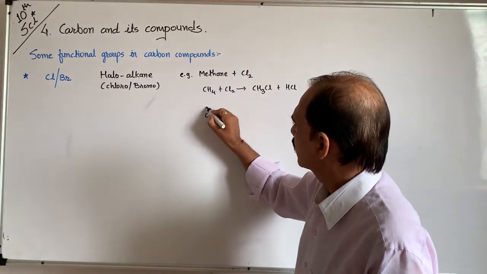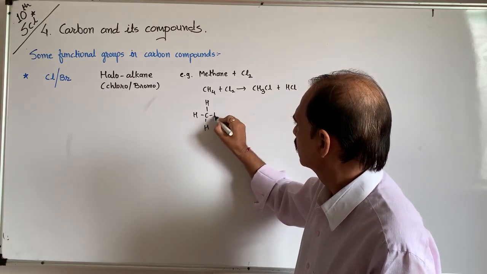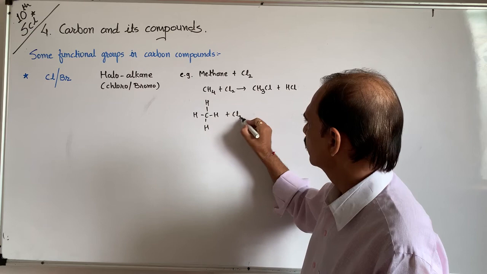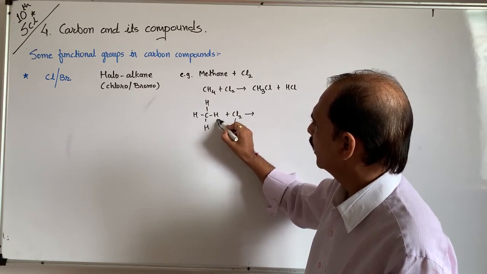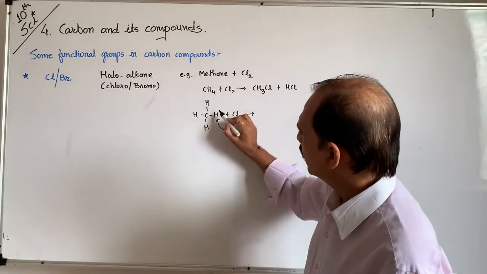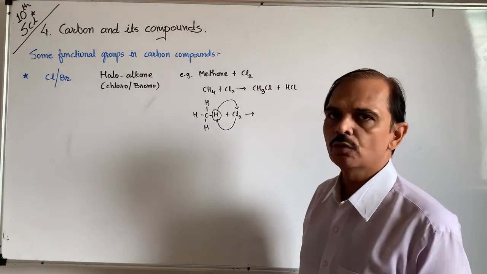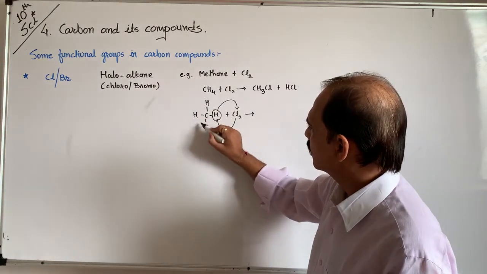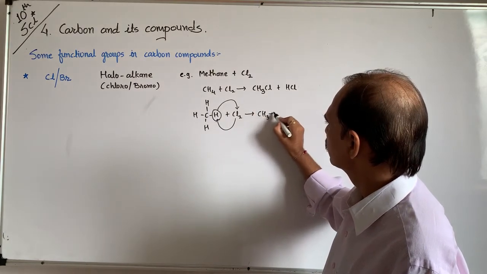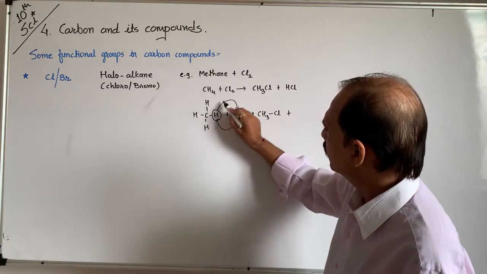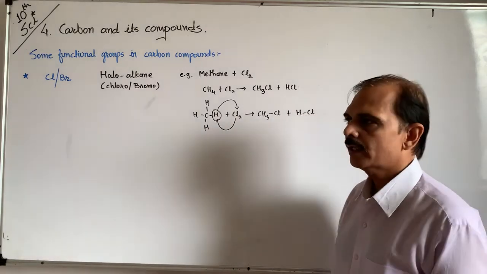Methane, its structural formula is like this, plus chlorine. So one chlorine substitutes a hydrogen, meaning a hydrogen is removed from here. This hydrogen reacts with one atom of chlorine. It gives CH3, with one chlorine attached here, CH3Cl. And this hydrogen reacts with the remaining chlorine and it forms hydrochloric acid.